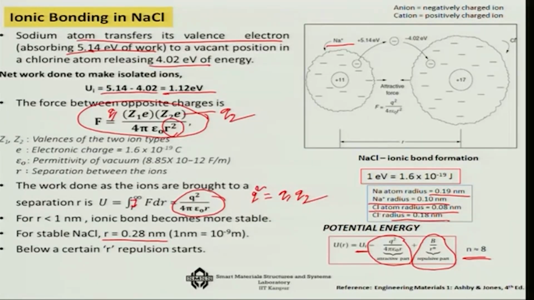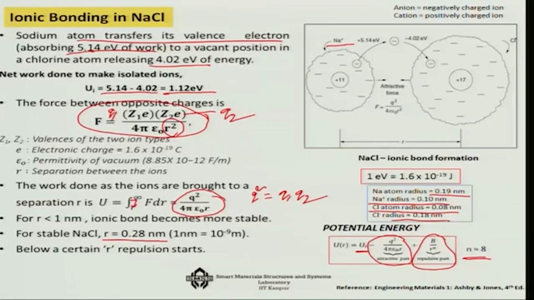So, as far as the ion is concerned, the chlorine ion is bigger than the sodium ion. And as far as the atoms are concerned, the sodium atom is bigger than the chlorine atom. That is what happens because of the exchange of the electrons from one to the other.